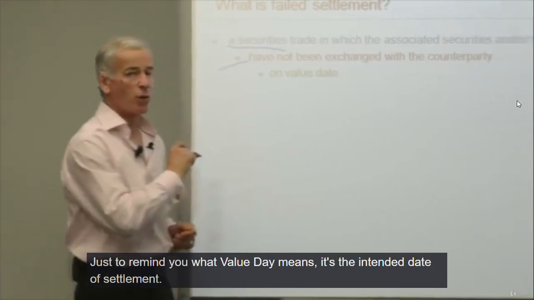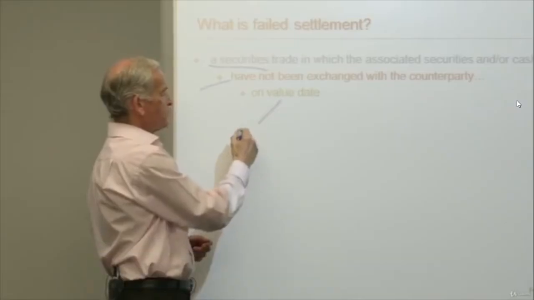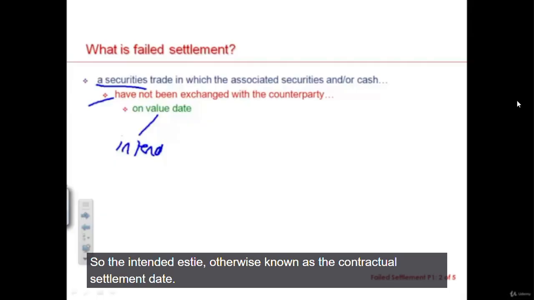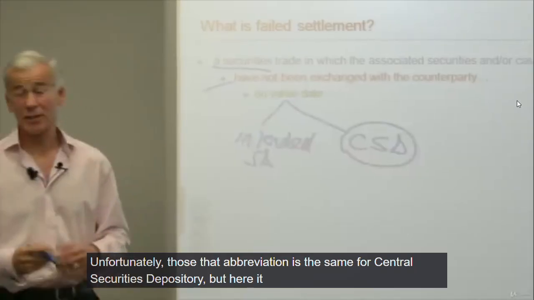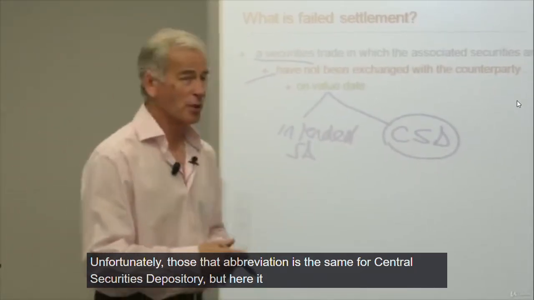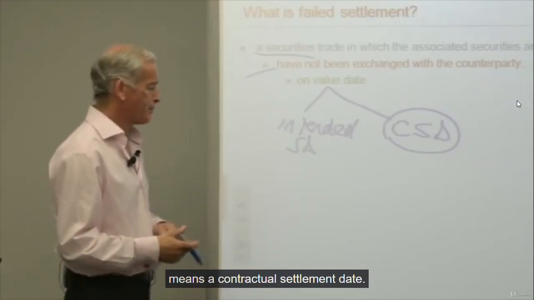Just to remind you what value date means, it's the intended date of settlement. So the intended SD, otherwise known as the contractual settlement date. Unfortunately, that abbreviation is the same for Central Securities Depository, but here it means contractual settlement date.